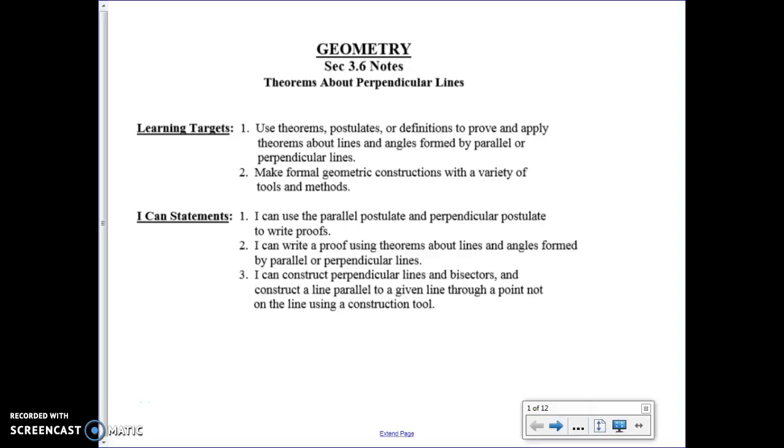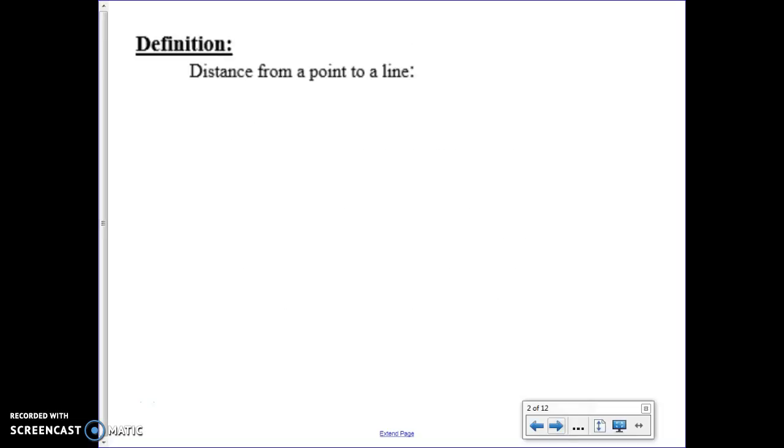Okay, guys, today we are talking about theorems about perpendicular lines. So we're going to jump right in and start off with the definition here. The definition of the distance from a point to a line is the perpendicular segment from a line to a point.